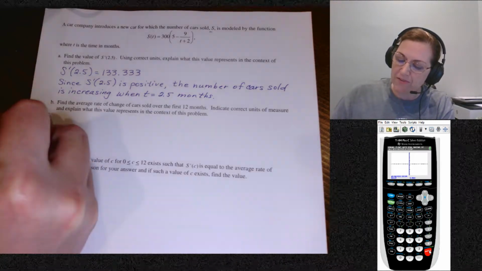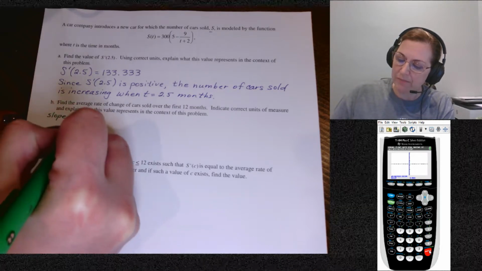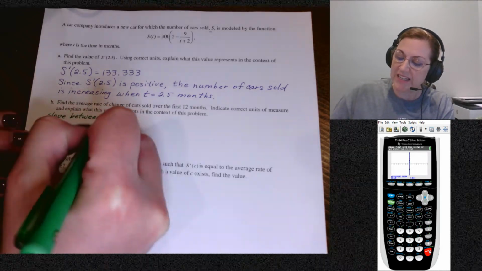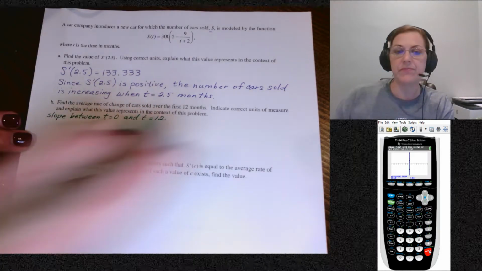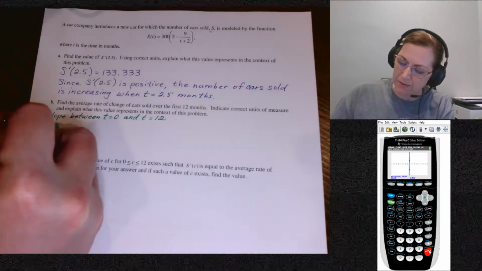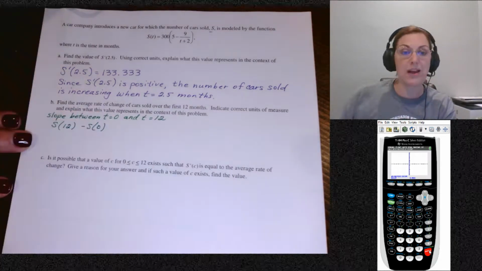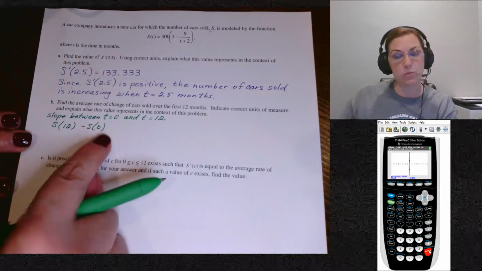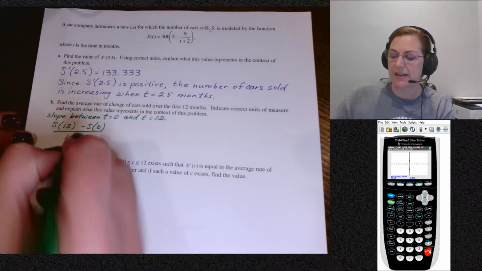So this is where we're going to find the slope between t equals 0 and t equals 12. Now I'll need the y values at 12 and the y values at 0. So I can do my y2 minus y1 over x2 minus x1.